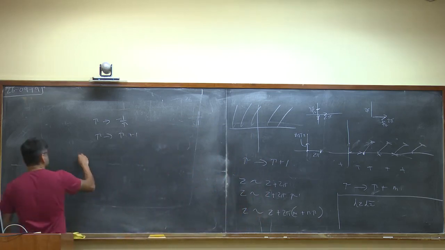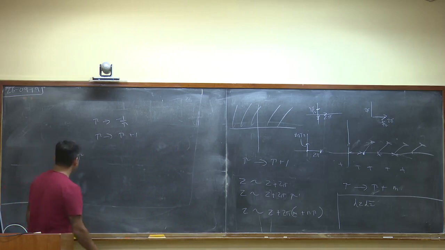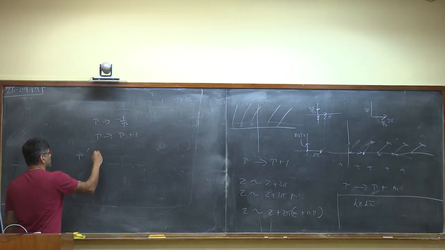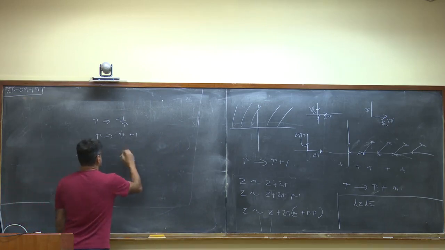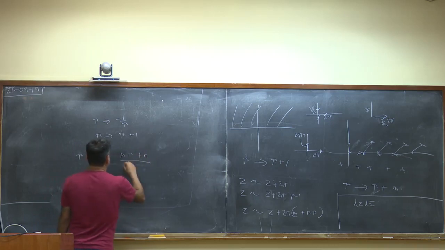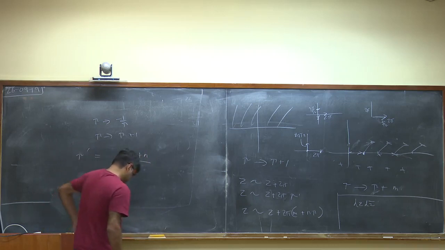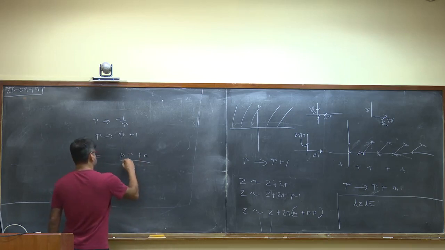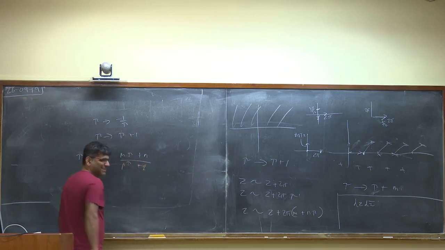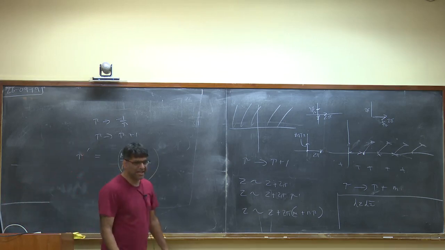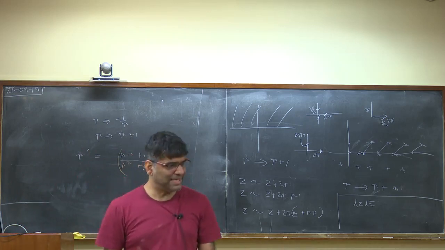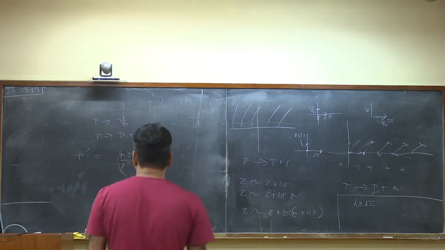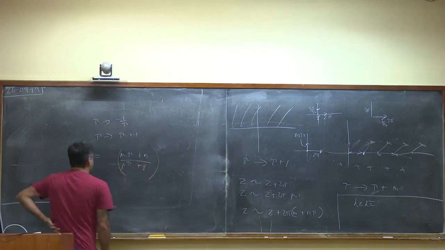And it is not difficult to convince yourself that this group is the group generated by tau prime equal to m tau plus n over p tau plus q, where everything is an integer, and more precisely, the determinant is 1.